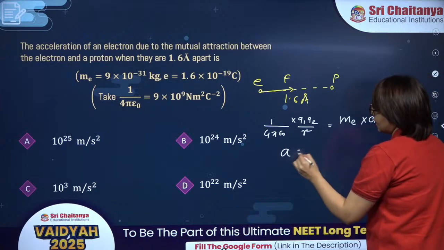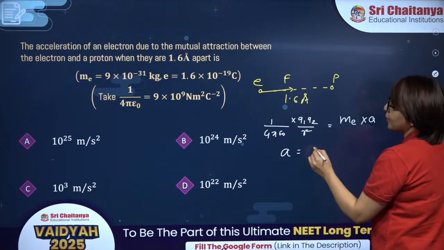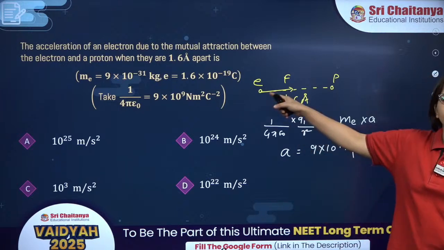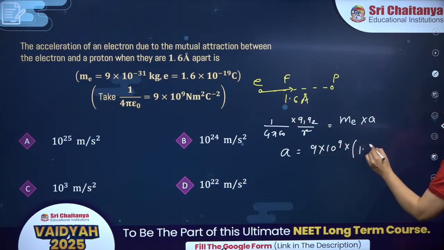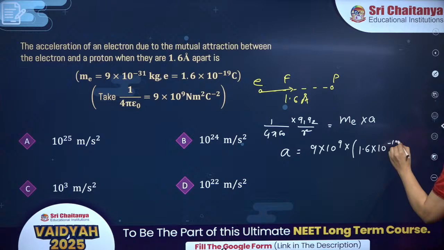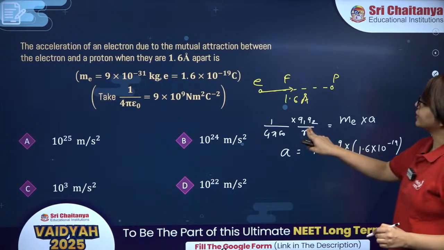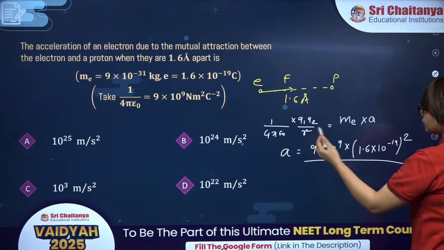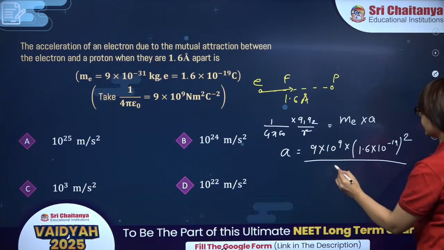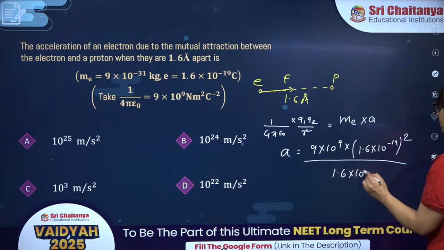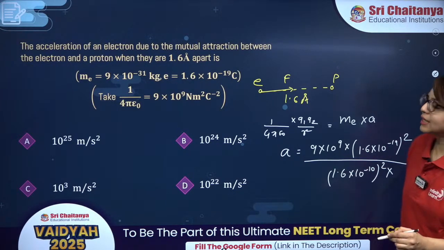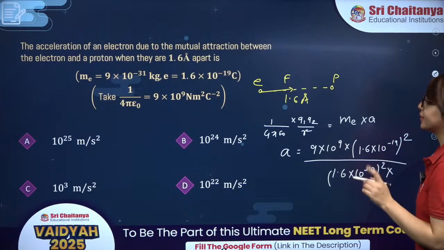So acceleration is 1 upon 4 pi epsilon naught, which is 9 into 10 to the power 9, times Q1, charge on electron, which is 1.6 into 10 to the power minus 19, into charge on proton Q2, which is the same value, so we can square it, divided by r square. r is 1.6 angstrom, no? So it is 1.6 into 10 to the power minus 10 meter, squared, divided by mass of electron, which is given as 9 into 10 to the power minus 31.